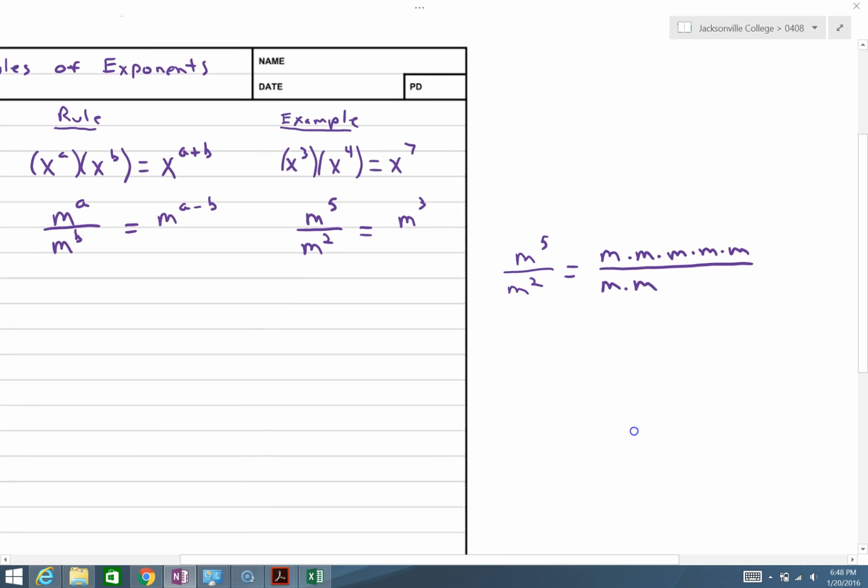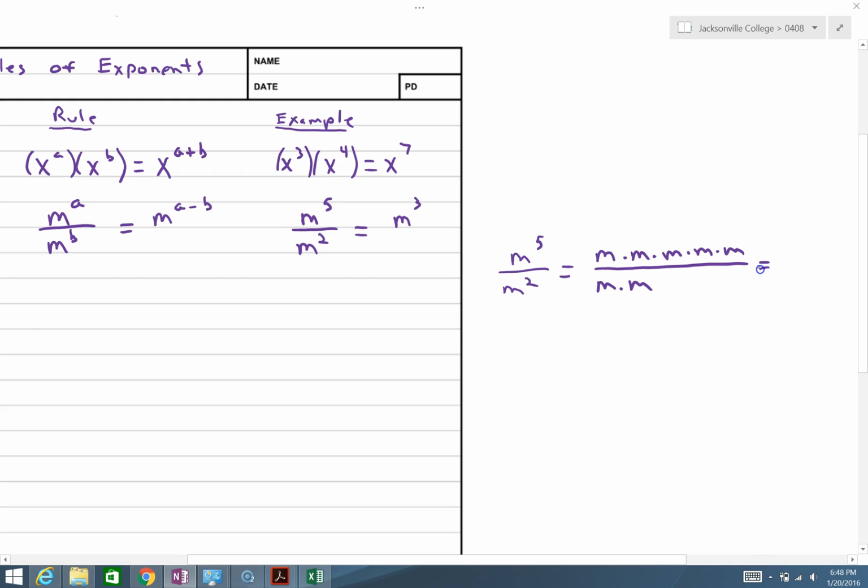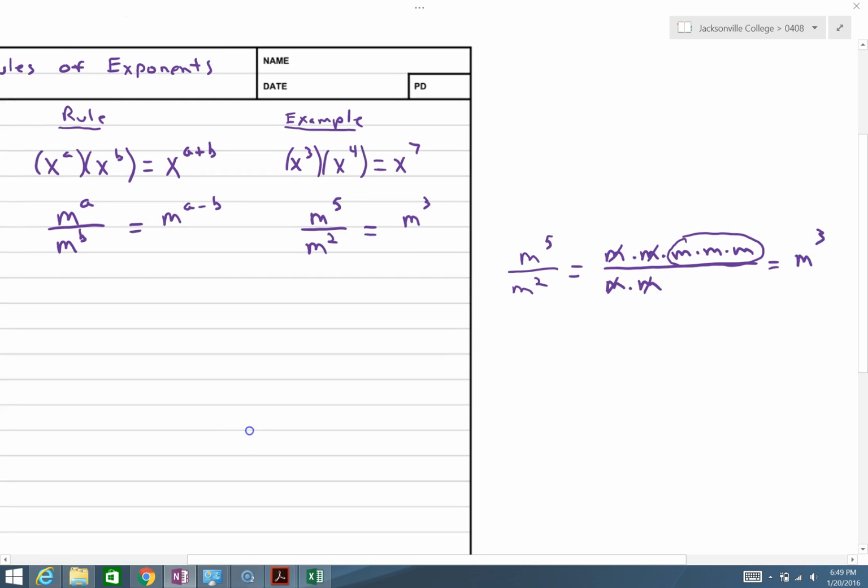And you know when we divide, we can essentially cancel factors. M divides with m, leaving 1. M divides by m, leaving another 1. So we have 1 down here essentially. So what do we have remaining? We have 3 m's multiplied together. That's m to the third. So this quotient rule is just a simple way to show the cancellation of our terms.